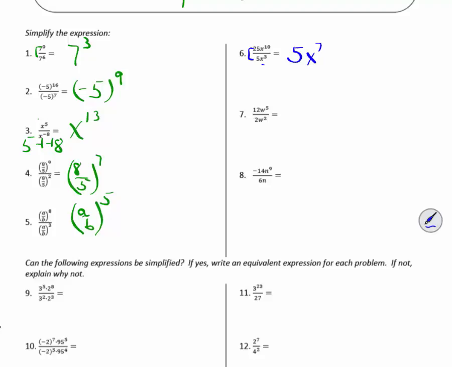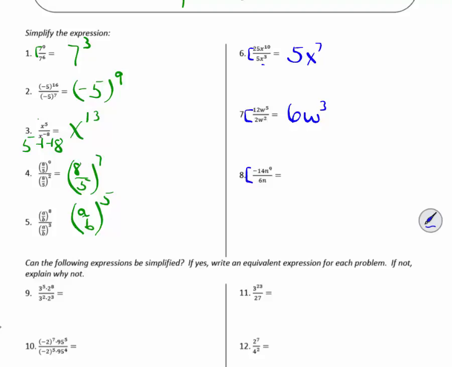Okay, number 7. Here are my coefficients, 12 and the 2. So 12 divided by 2 is 6. Keep the base, w. 5 minus 2 is 3. For number 8, there are coefficients, but 6 does not go into 14 evenly. But it can be reduced.